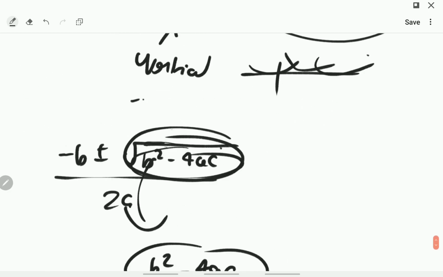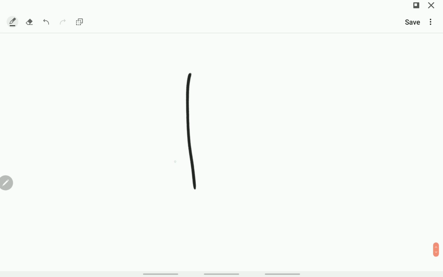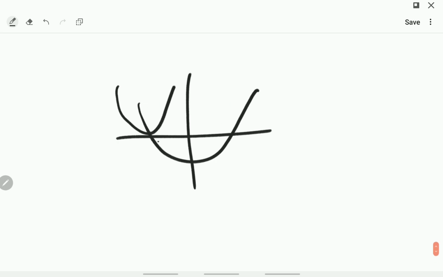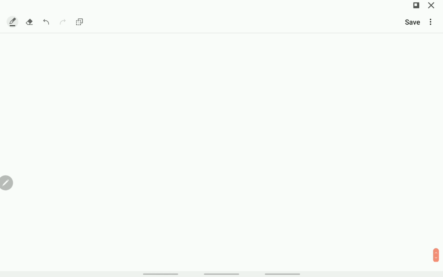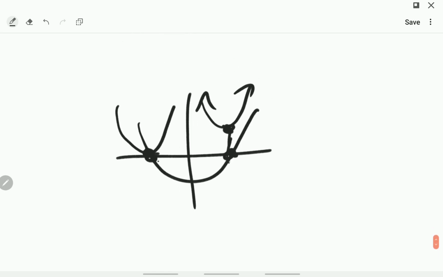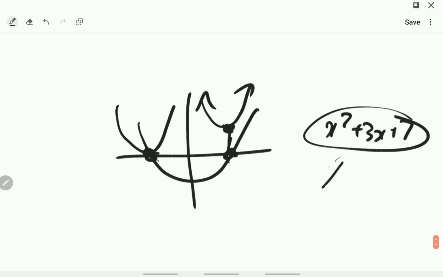because you know how a graph can have one root, or it can have two roots, like one here, one here, or it can just have no roots. See, there's no roots there. So when you're trying to factorize something, maybe x squared plus 3x plus 7, it's not really factorizable.